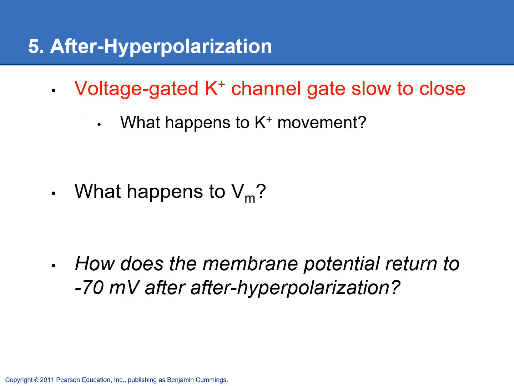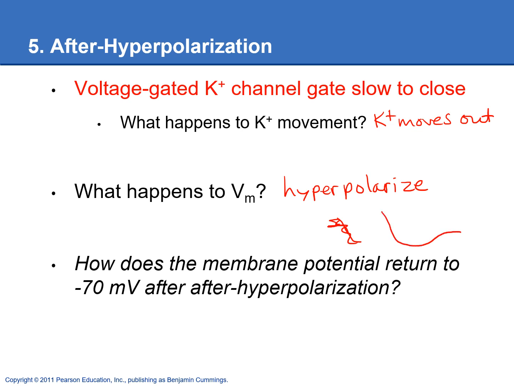And then the after hyperpolarization phase, those voltage-gated potassium channels are slow to close, so potassium keeps moving out. And the membrane potential is going to hyperpolarize. But then the voltage-gated potassium channels finally close at the bottom of that after hyperpolarization phase.